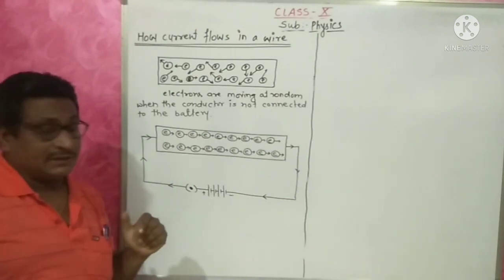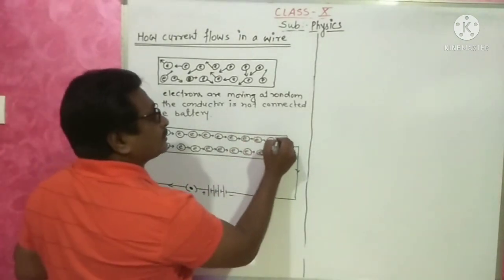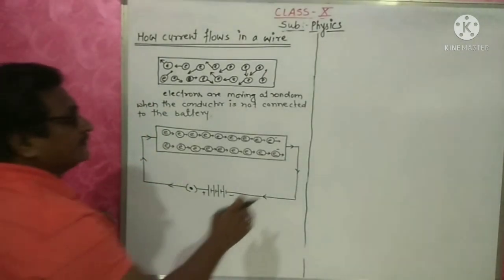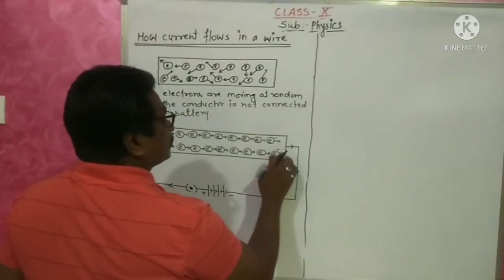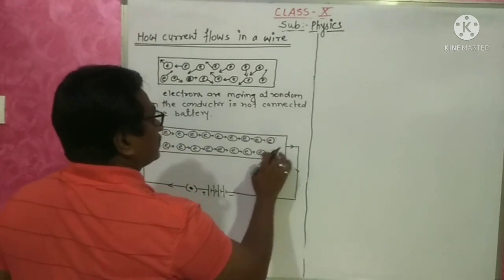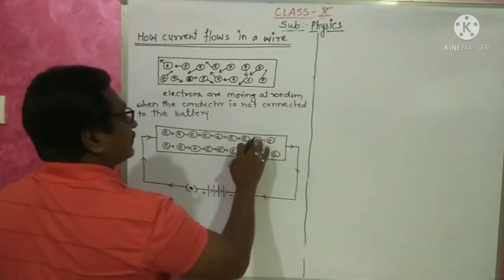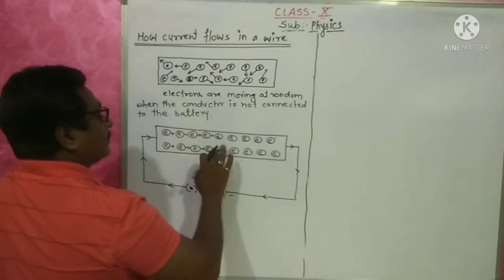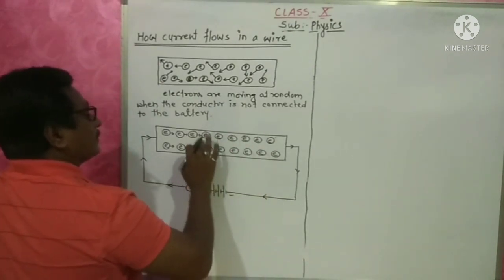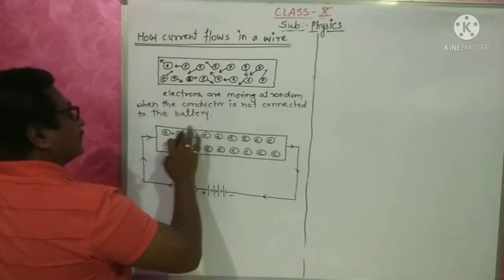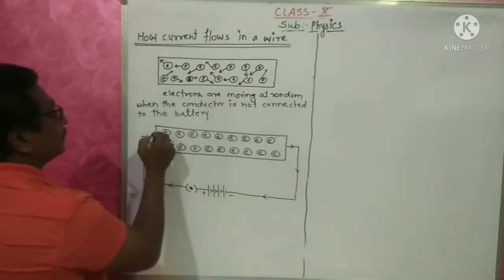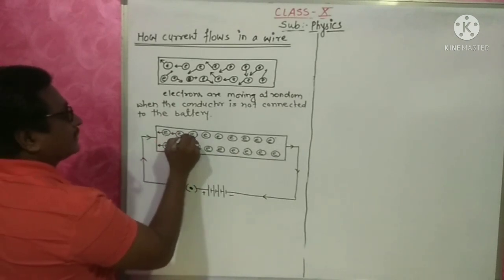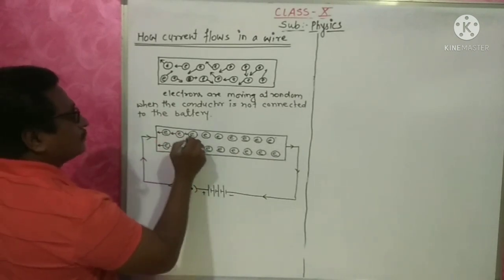In which direction do the electrons move? Electrons carry negative charge. Sorry, I showed the direction the wrong way. Why this direction is important, I will tell you now.